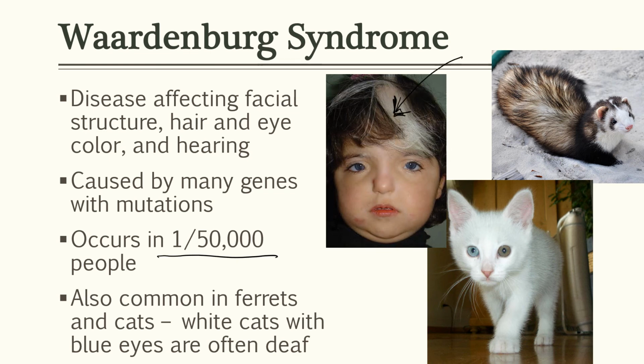You might have eye problems and hearing problems. We see this a lot in cats and dogs and ferrets that are white. They'll often be blind and deaf because of the way that those genes are linked together and interact. If you have an all-white animal, there's a higher risk that they are also blind and deaf because those genes are linked.